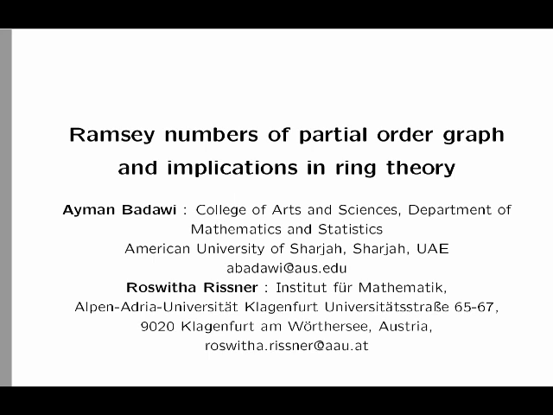The things we study in undergraduate: a relation is called a partial order if it satisfies 3 axioms. What are these axioms? First, A equals A, each element is equal to itself. The second: if A is less than or equal to B, and A and B are distinct, then B is not less than or equal to A.